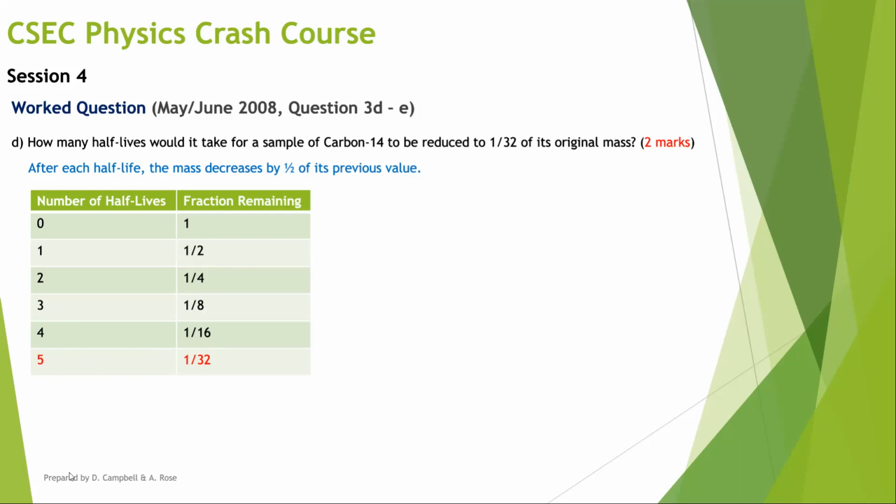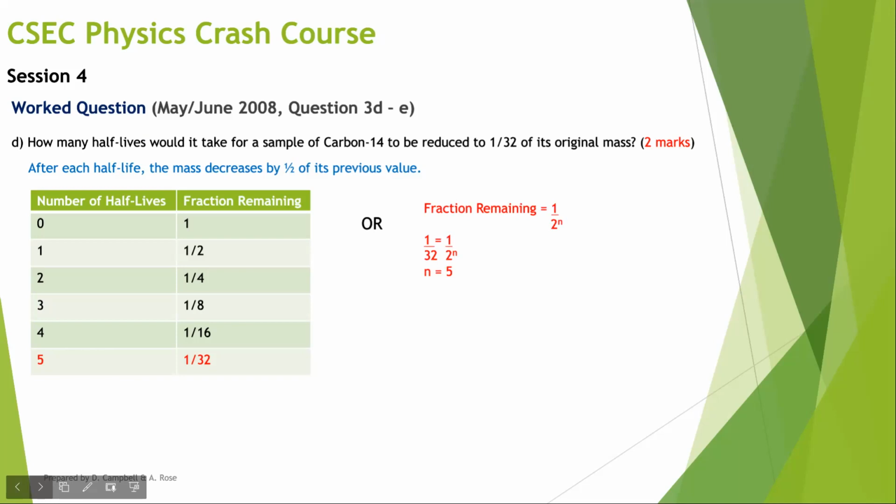So you can approach it in this way. Another way that you can look at it is to remember that the fraction remaining is equal to 1 divided by 2 to the power of n, where n represents the number of half-lives.